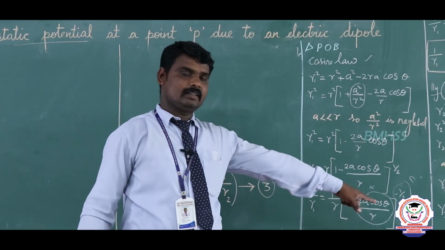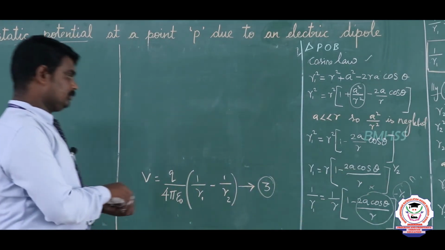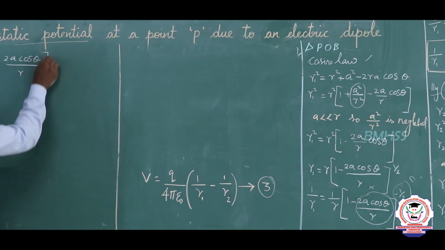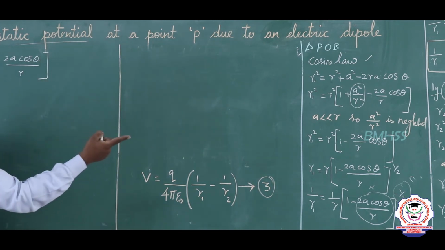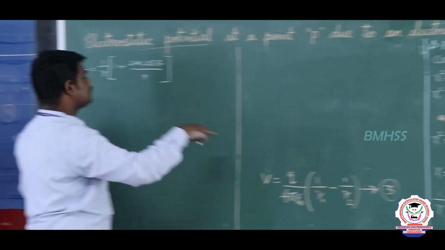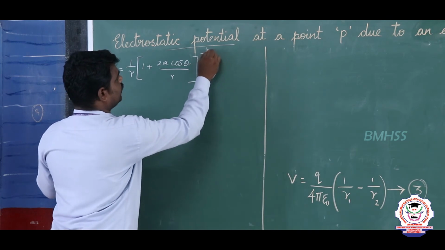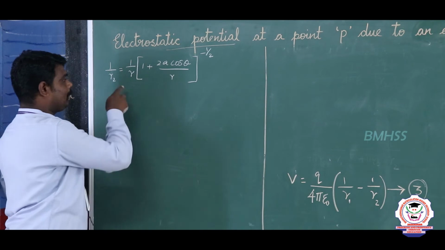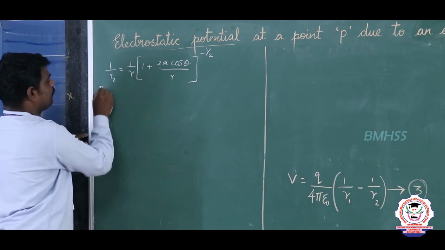Now take the inverse for the term: 1 by R2 is equal to 1 by R into 1 plus 2A cos theta divided by R, the power is 1 by 2 there. The inverse of the term we have to take as minus 1 by 2. So here also we have to apply the binomial theorem.